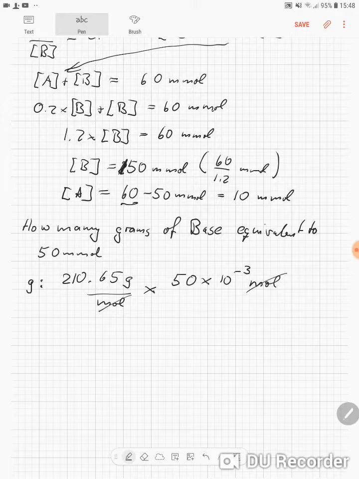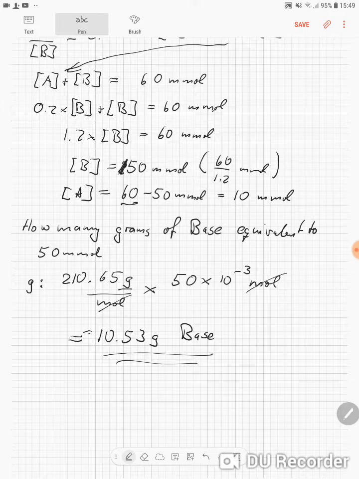So the mole cancel out, we have gram left, and all we need to do in this case is multiply it. So here we get equals 10.53 gram of base.